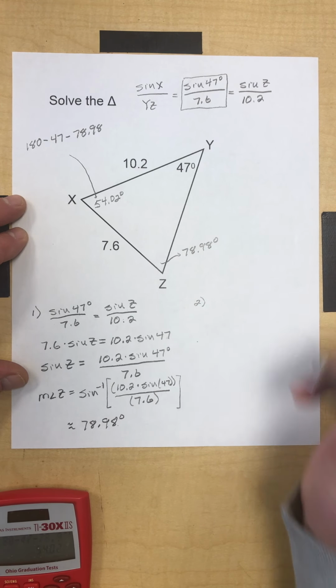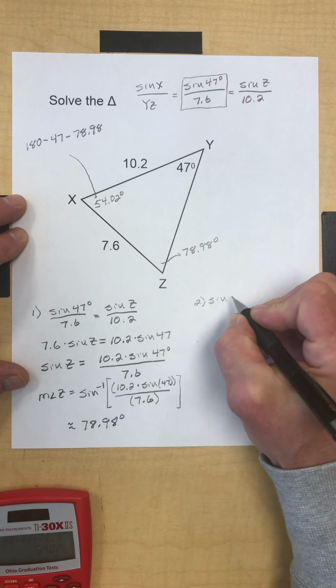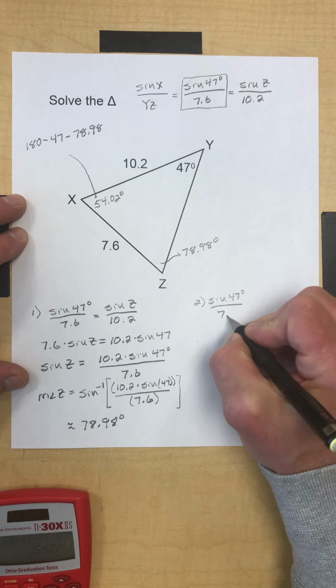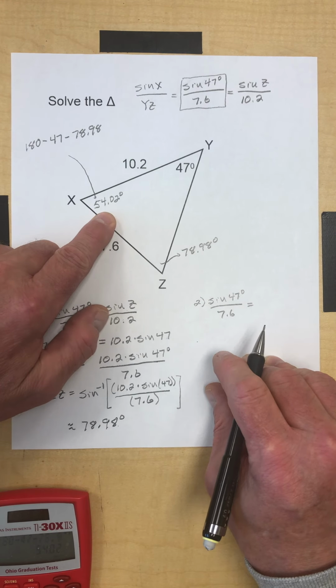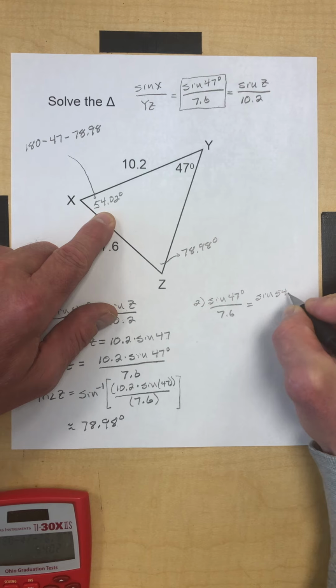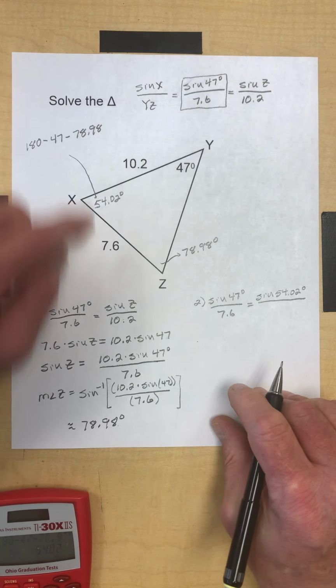Okay, so now we can take our cornerstone, sine of 47 degrees over 7.6, and set it equal here, and we know what the measure of angle X is. The angle X is 54.02. So we get the sine of angle X, which is 54.02 degrees, all divided by YZ.